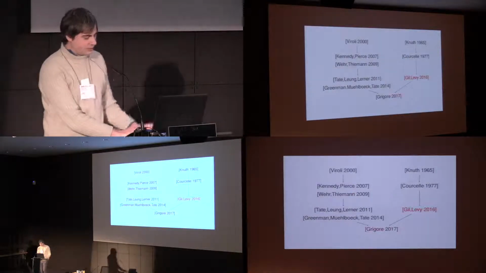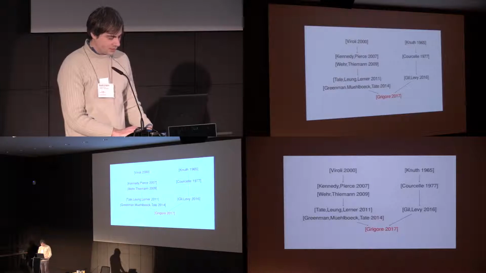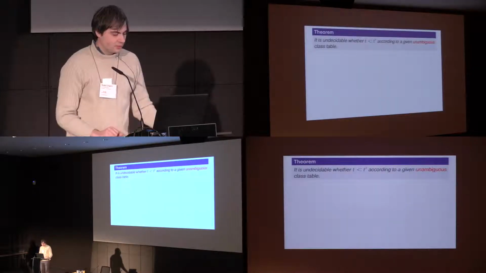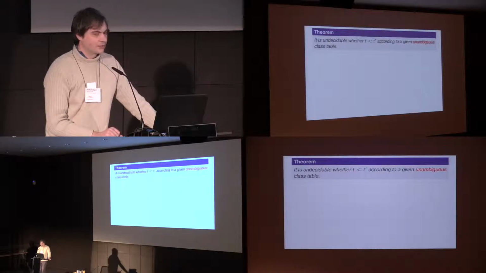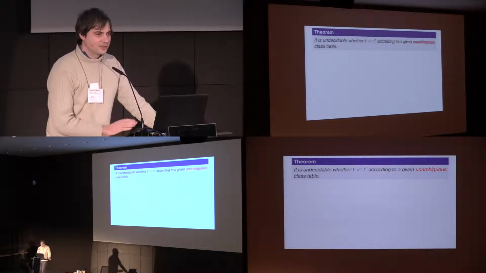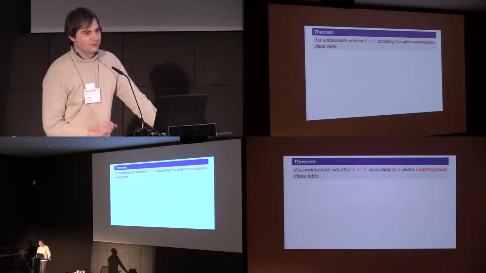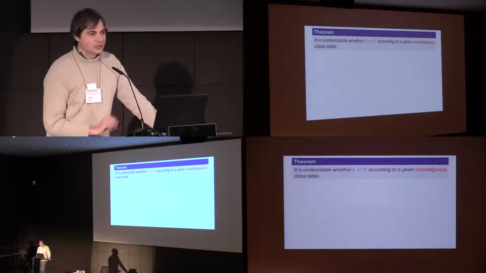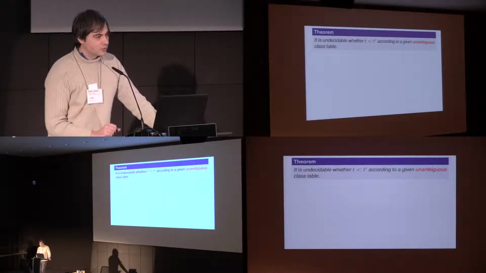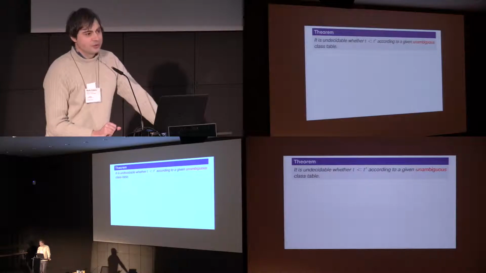Okay, and finally we get to this one that I'm presenting today. What did I do? I said, well, subtyping is undecidable. So it's basically the same result as in Kennedy and Pierce, and Tiemann. Those were different because they used completely different formal models of what Java does. I'm not using a new model.